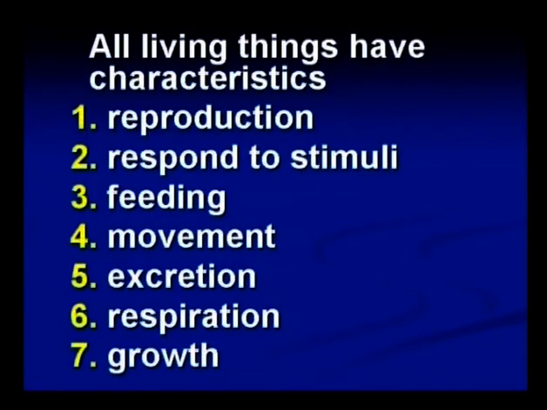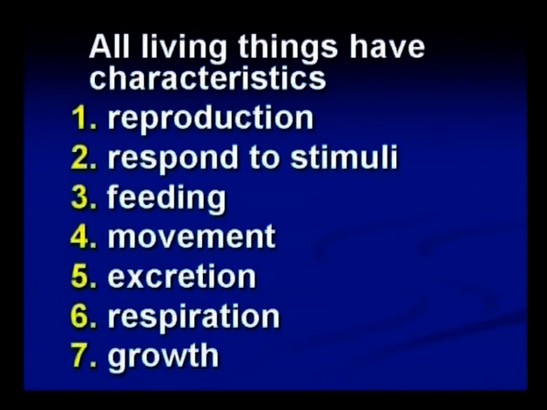Okay. All living things have characteristics like what we have heard already. Living things can reproduce. Living things can respond to stimuli, meaning they are sensitive to what's around them, both plants and animals. For plants, it's not really obvious except for some plants. Feeding: all living things must feed in order to live and to have energy.